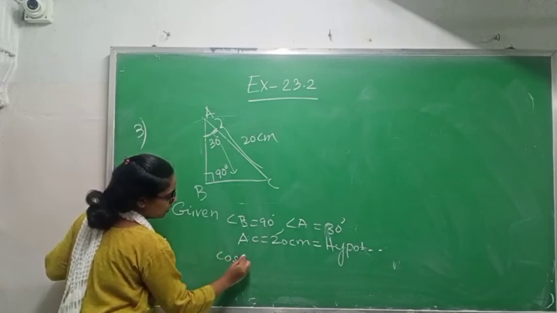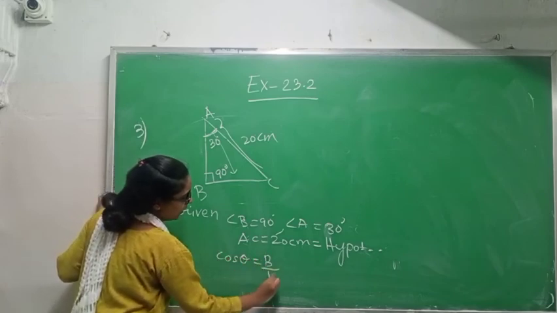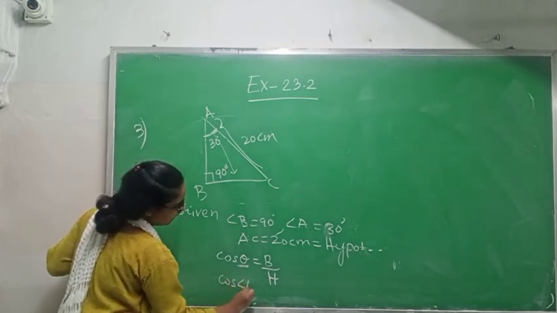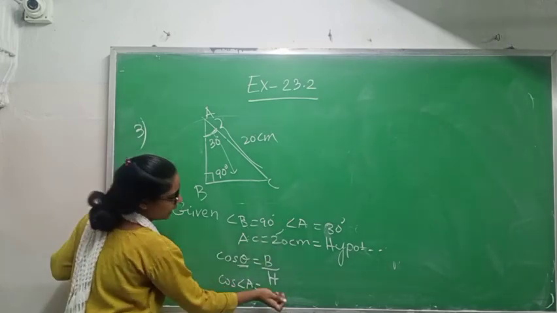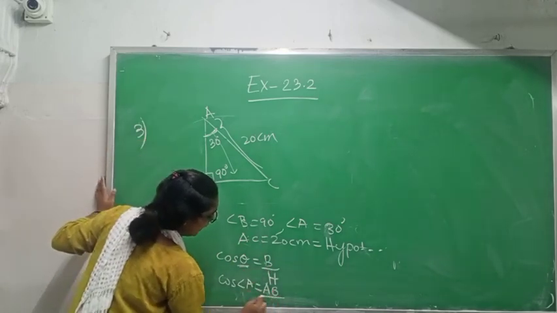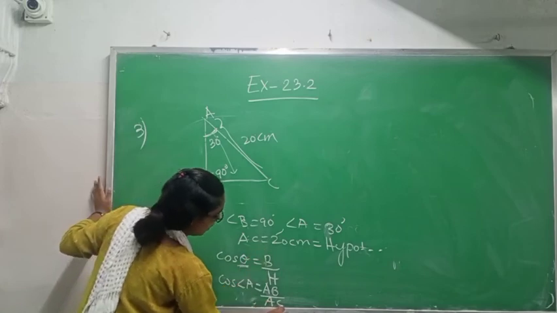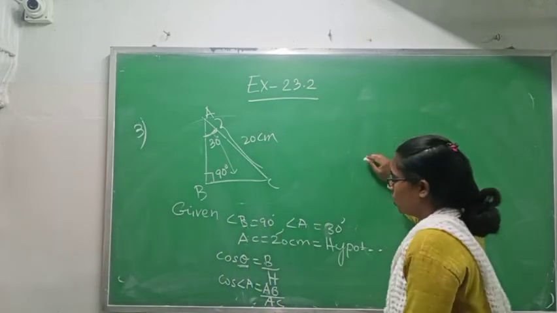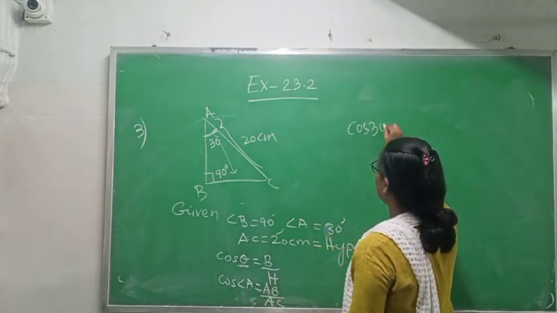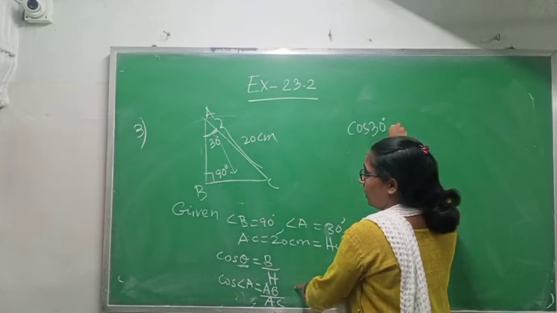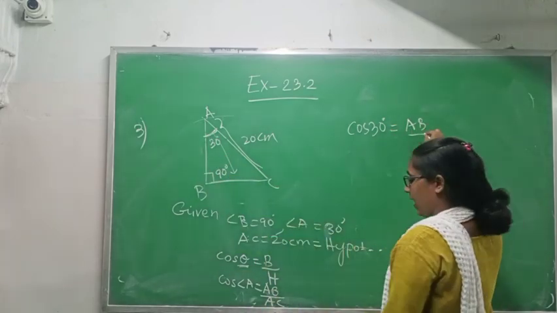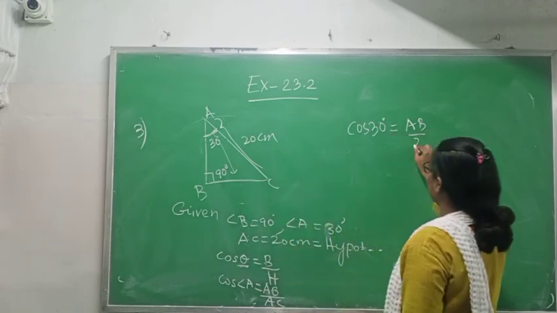Cos theta equals B by H. In place of theta you write angle A, because they have given angle A. B is AB and hypotenuse is AC. Cos 30 degrees equals AB by AC, which is 20.